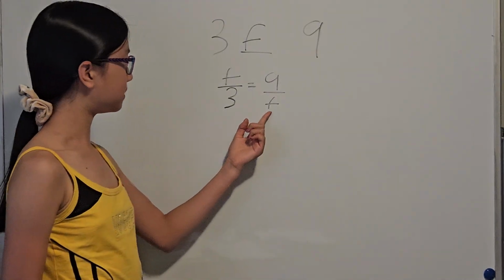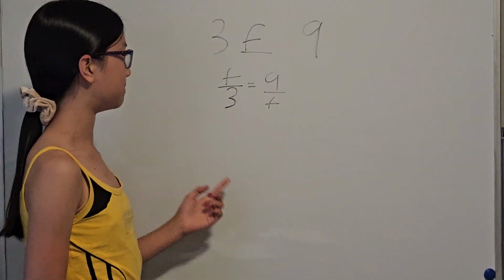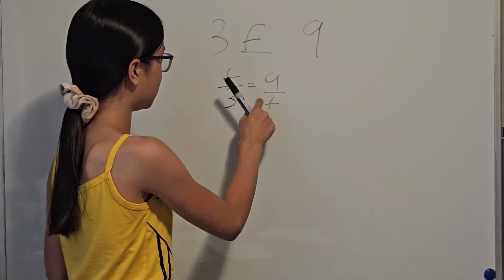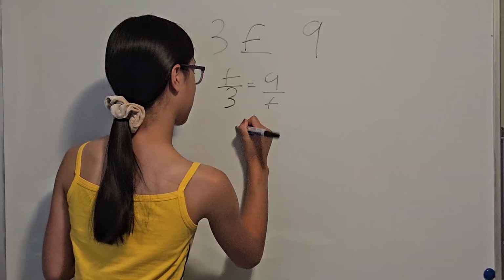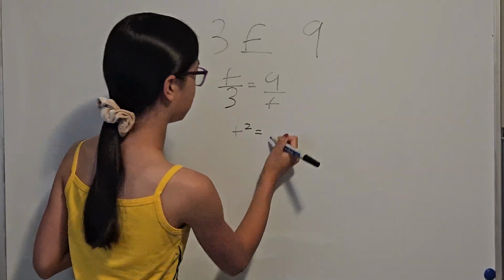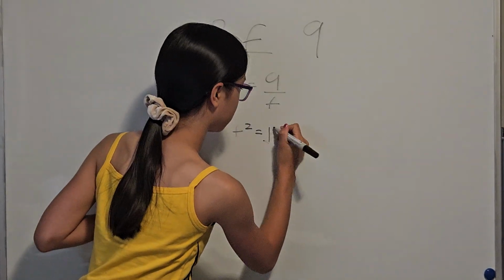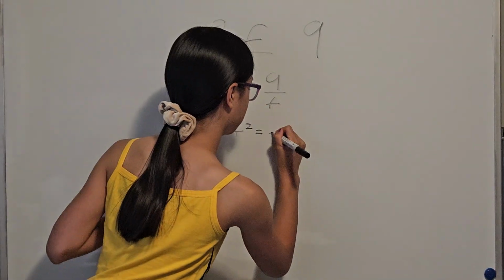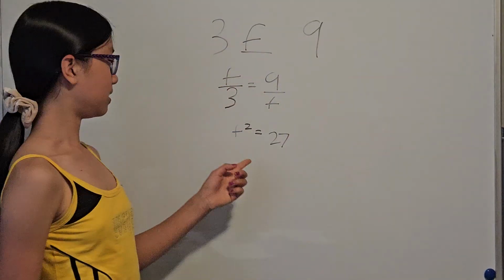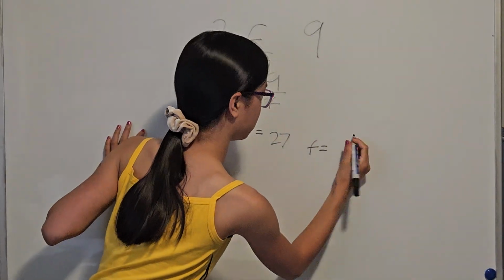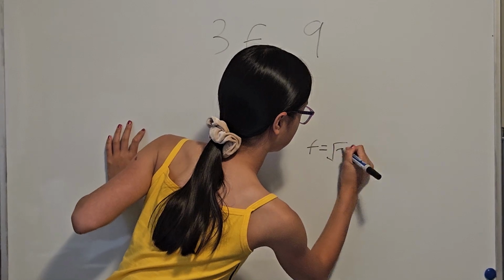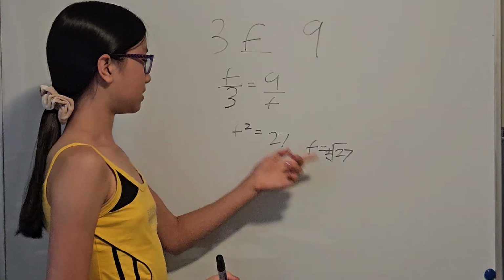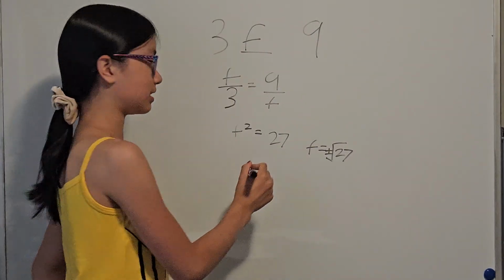Now to find F, we can use the cross multiply method, which means we multiply these, so F squared is going to equal 27. And if we solve for F, it's going to equal plus or minus root 27. Okay, we found both possibilities for this answer.